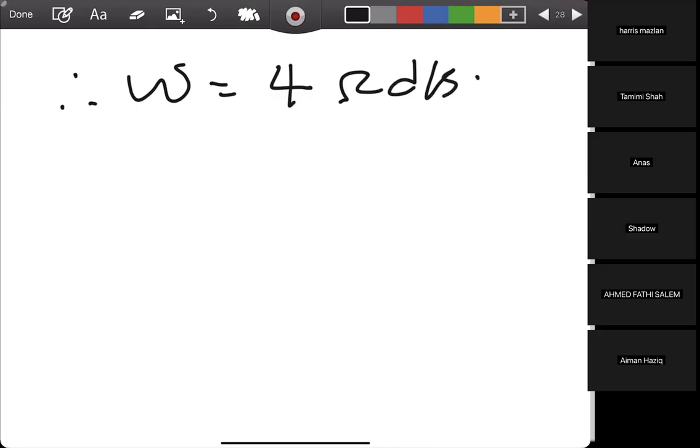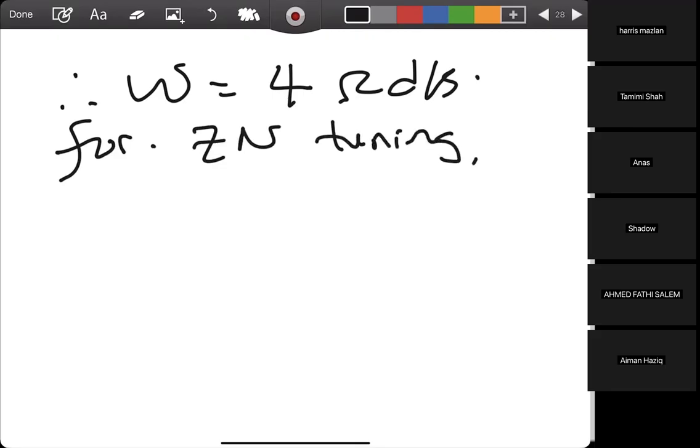Okay. So for Ziegler-Nichols tuning, we have the procedure. So we calculate omega u first, which is 2 pi over Tu.